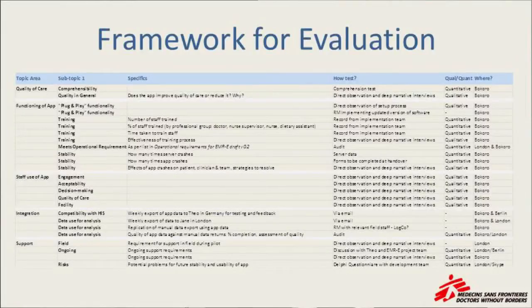I'm not going to go through all of this slide. It was simply to say that there was a very careful process we went through to ensure that we were covering the key elements of this technology: training needs, its ability to be configured, its stability, its acceptability, and the ease with which people could access data, amongst other things.